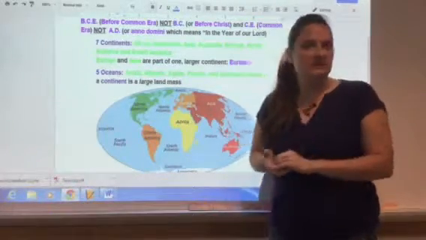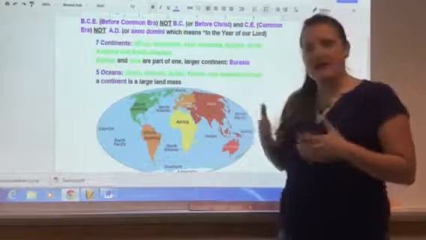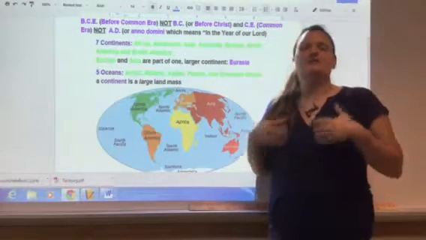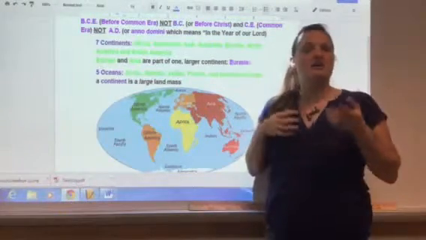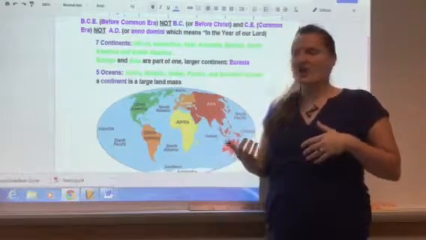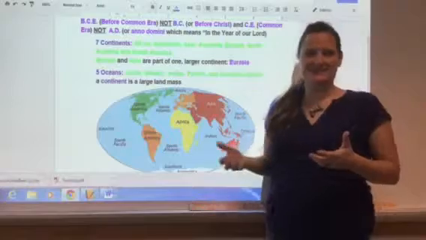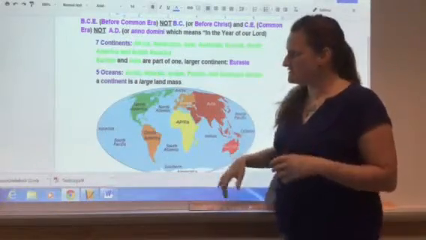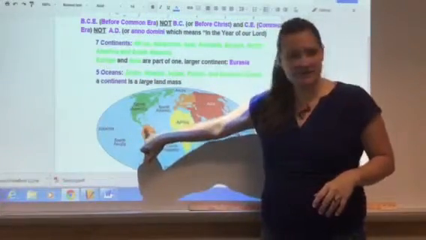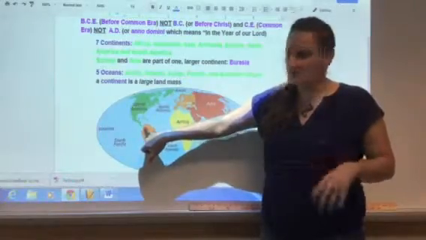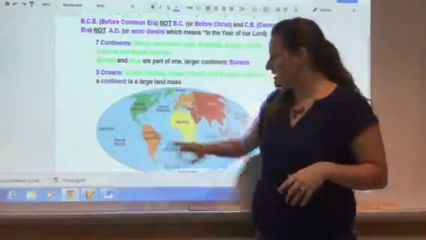We're going to talk about the 7 continents. We have Africa, Antarctica, North America, South America, Europe, Asia, and Australia. Although a lot of people think that there are fewer continents than that because a lot of them connect. For example, North and South America connect right there, which is now modern-day Panama.